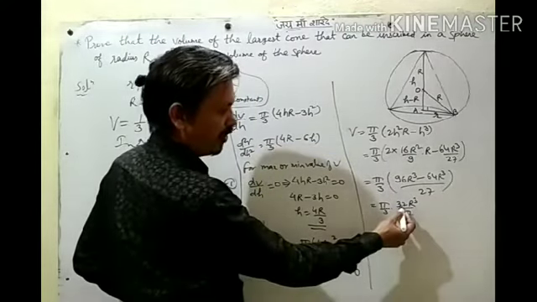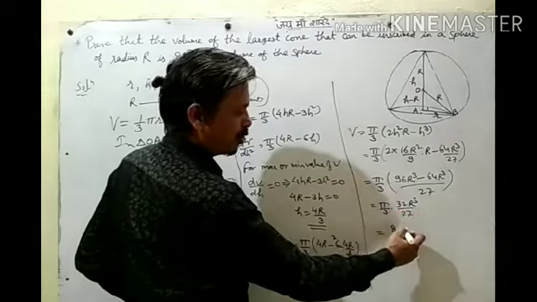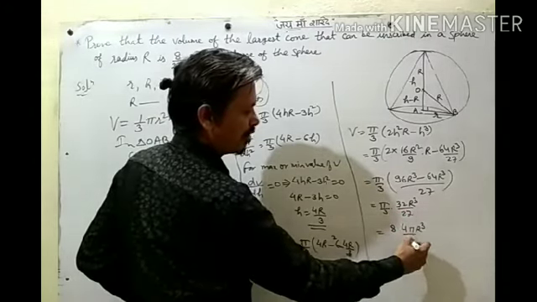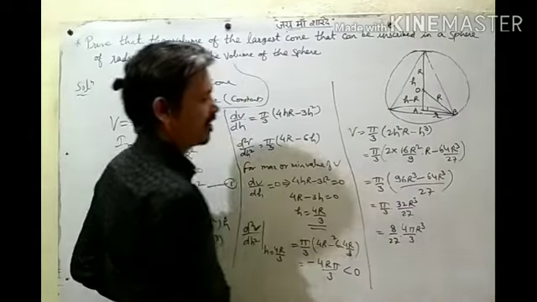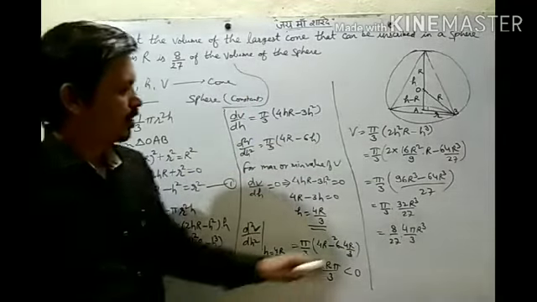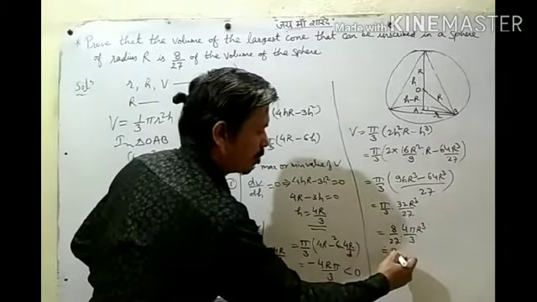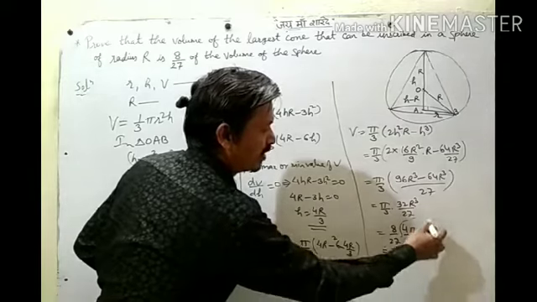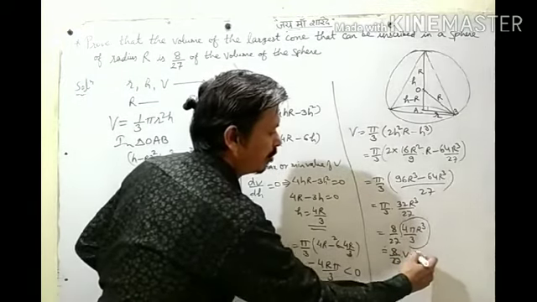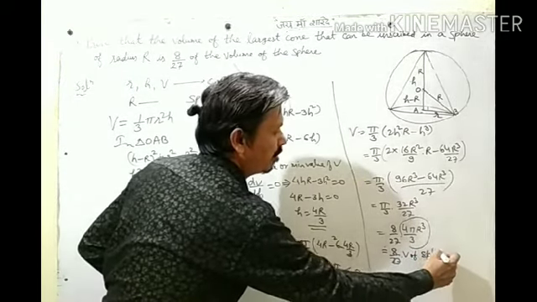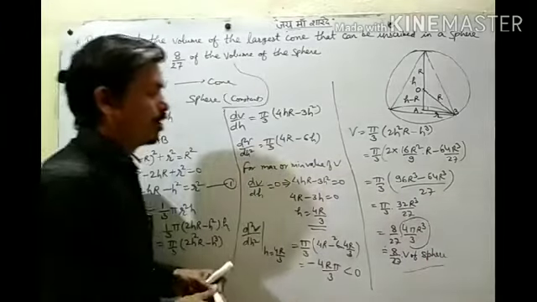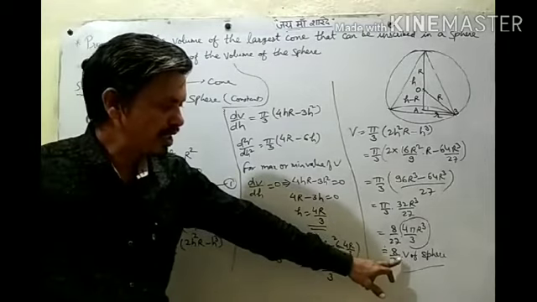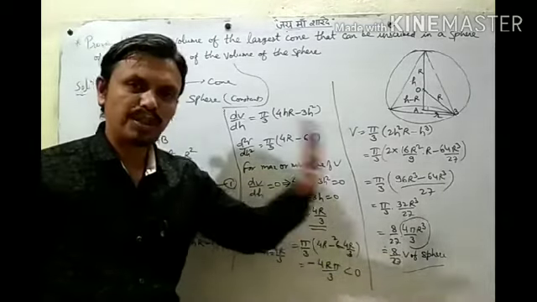Now from this, if we split it, 8 times 4 pi R cube upon 3, like this you can write. So the volume of the cone is 8 by 27 times 4 pi by 3 R cube, which is the volume of the sphere. So the volume of the cone is maximum and its value is 8 by 27 times the volume of the sphere.